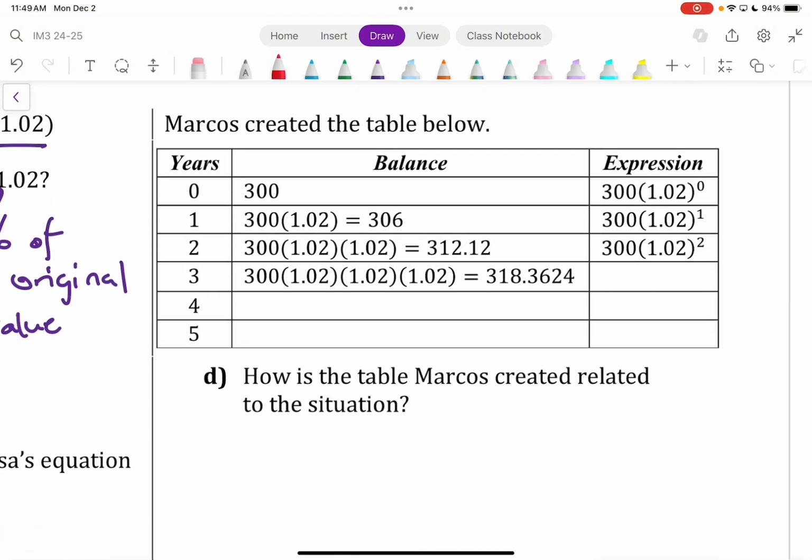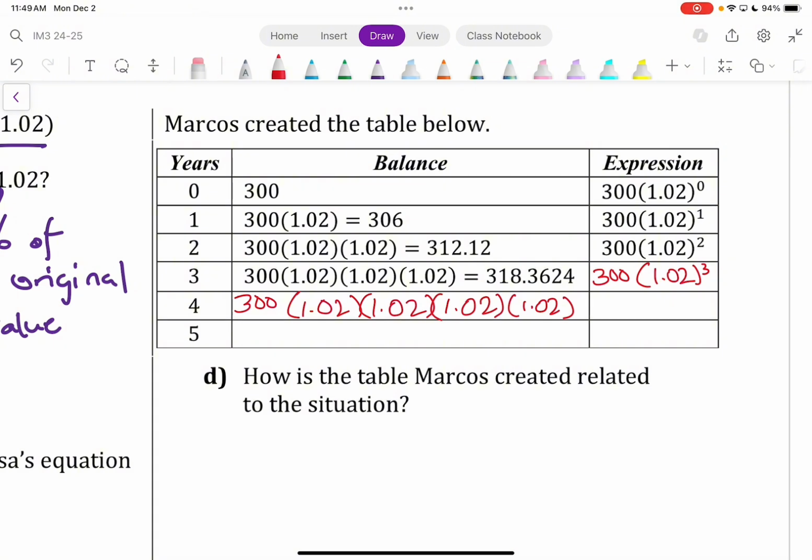Like I said, year 0, you start with 300. Year 1, it's 306. Year 2, it's 312. Year 3, it's 318. The fourth year, that means we would need to multiply 300 by 1.02 4 times, right? Because we're taking 102% of the value from the previous year, which is 318. If we are doing a shorthand expression, remember that repeated multiplication is how we show an exponent?